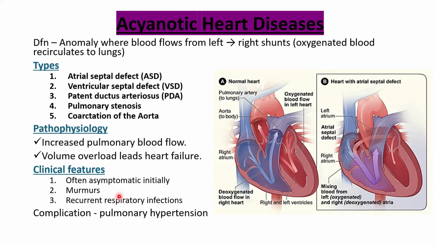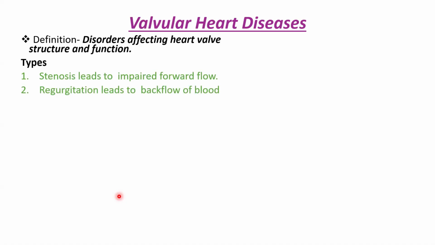Yeah, so we can go to the next slide, now telling us about valvular heart diseases. These valvular diseases are just disorders affecting the heart valves. Remember we talked about the tricuspid valve that I showed you earlier in your anatomy.